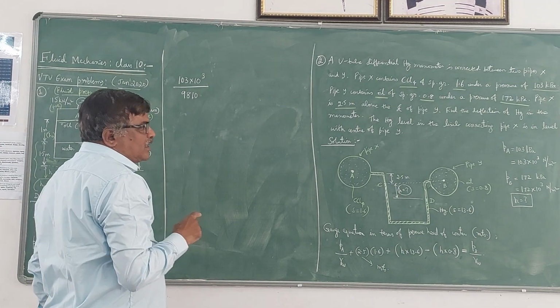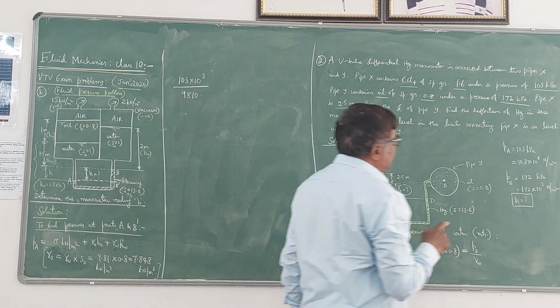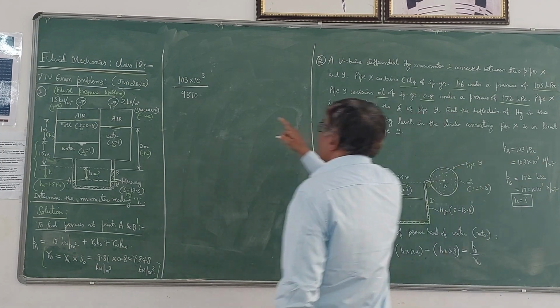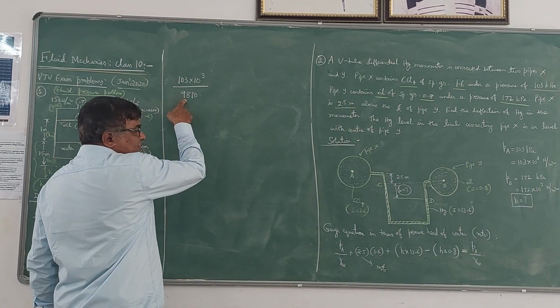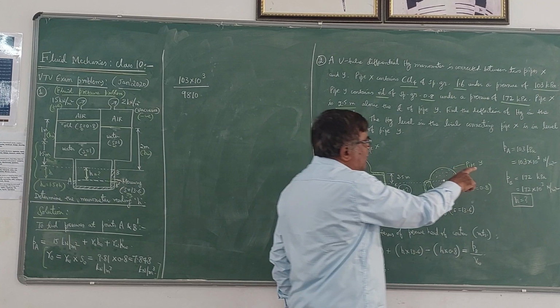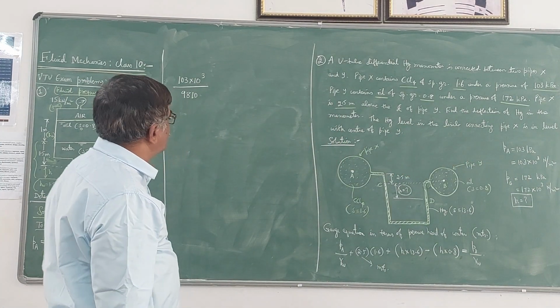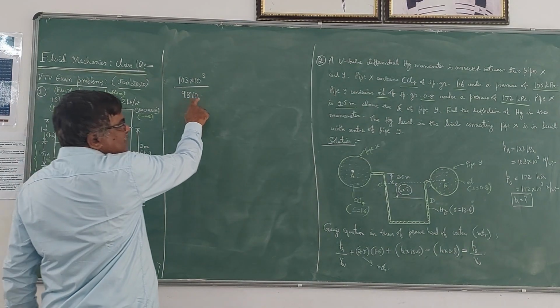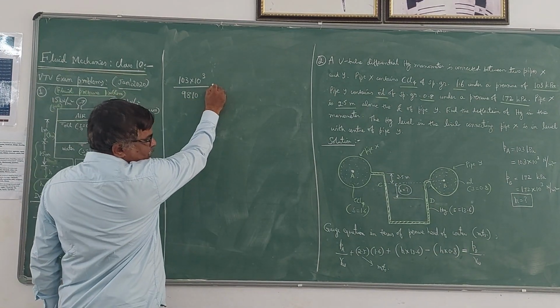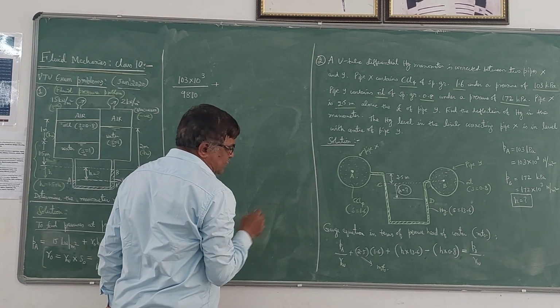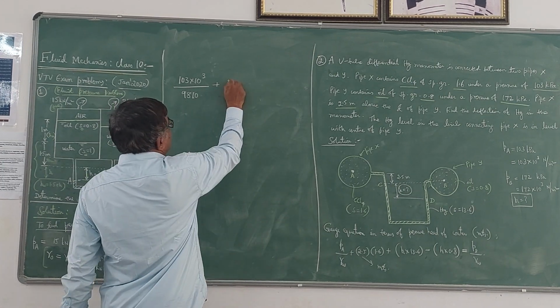Please note that if you are substituting this in kPa, then you have to take this as 9.81. If you are substituting 103 into 10 power 3, that is in pascals or Newton per meter square, then this should be 9810 Newton per meter cube. So plus 2.5 into 1.6, so that will be there.